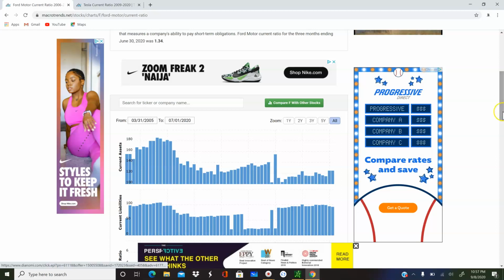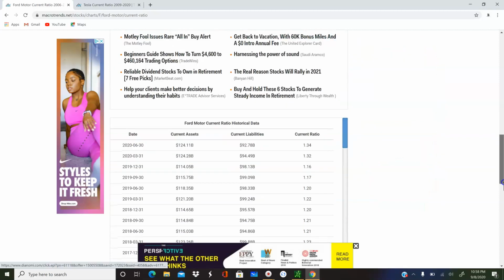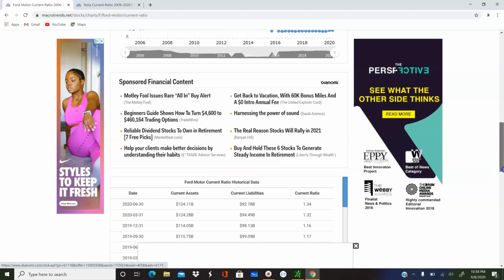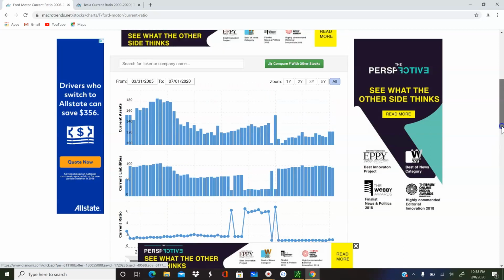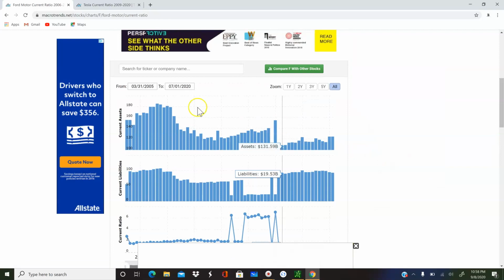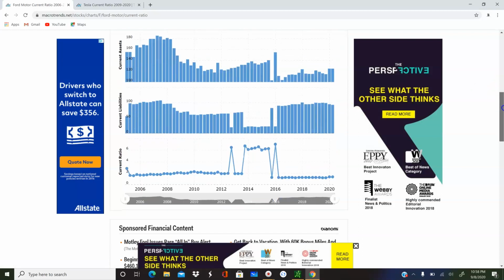This tells you, as an investor, that Ford does have the current assets on hand to cover all of its short-term obligations. That's a great thing, right? You want to see that for companies, especially if it's going to be a long-term investment. I'm trying to see if I can find the year, but whatever. Let's just use that as an example. So 1.34.